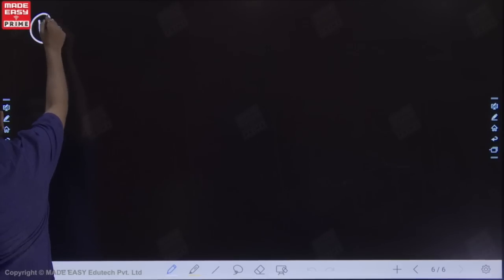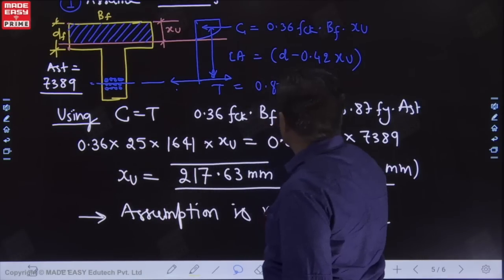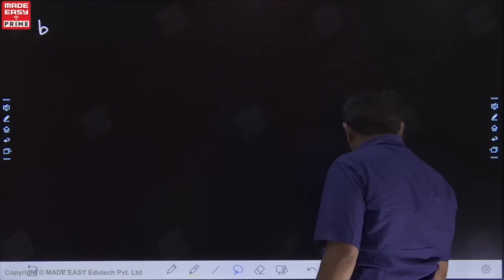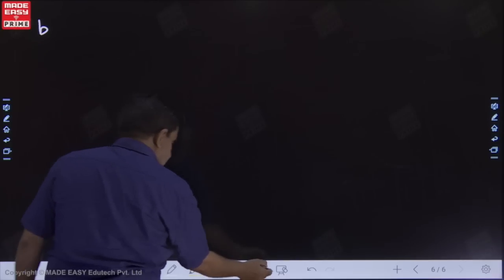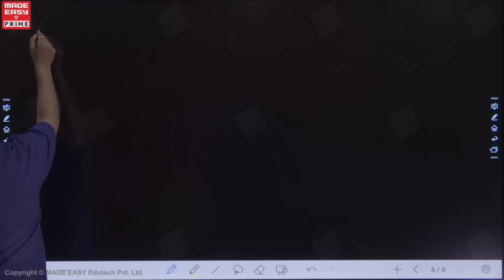See, the next case may be of two types. In this we have written the first, so let me write second.